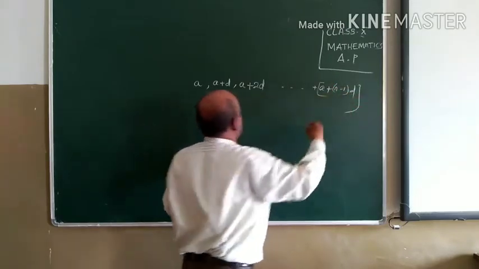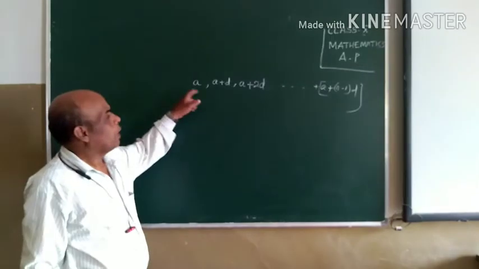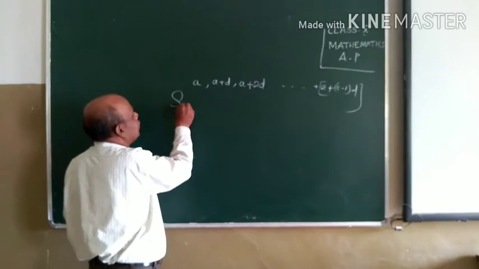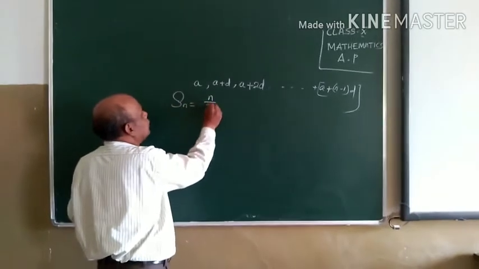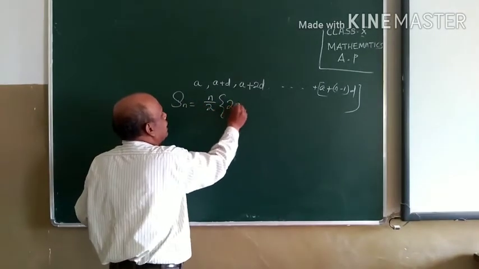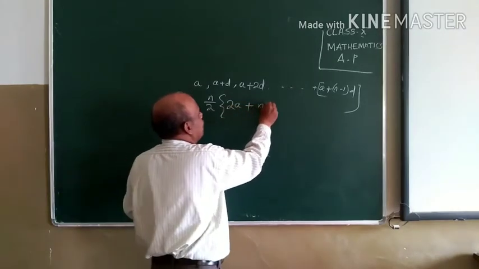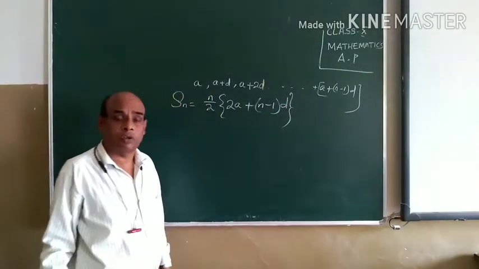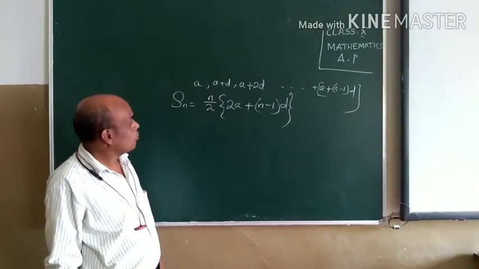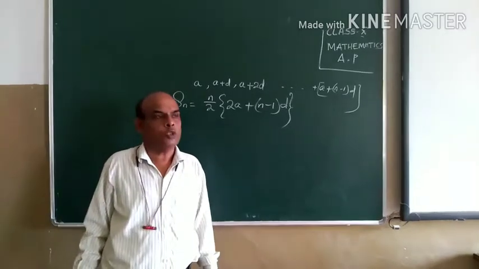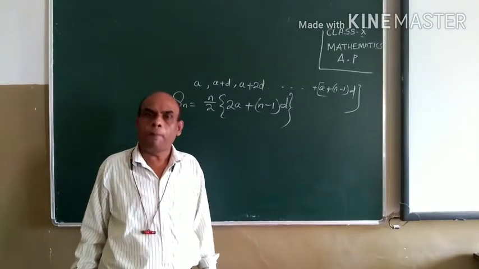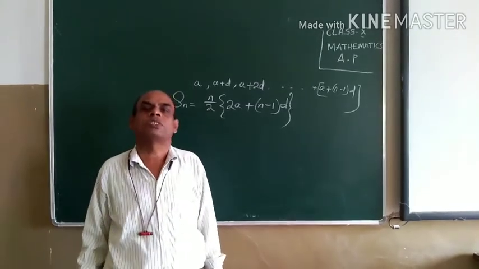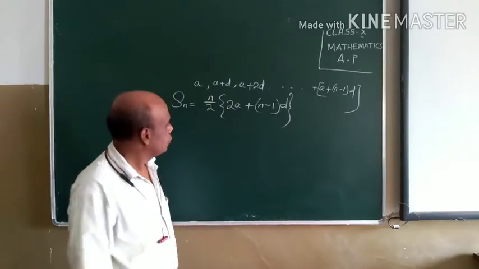So the sum S_n is equal to n by 2 into (2a plus (n minus 1) into d). We have already studied this formula to find the sum if there are n terms in a sequence.